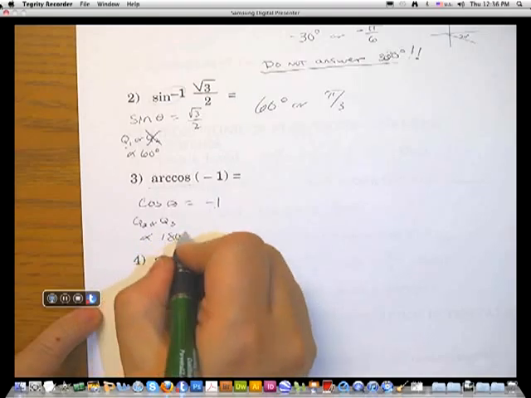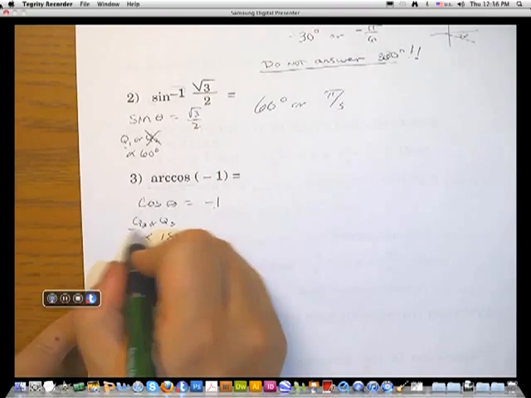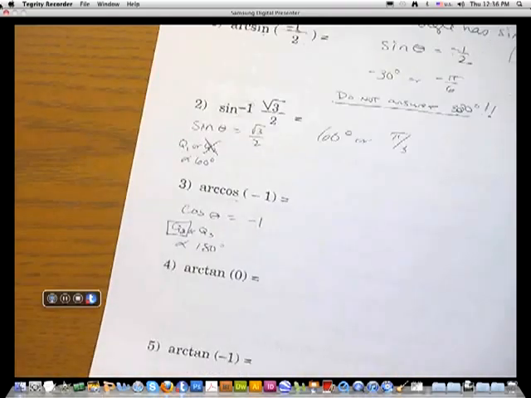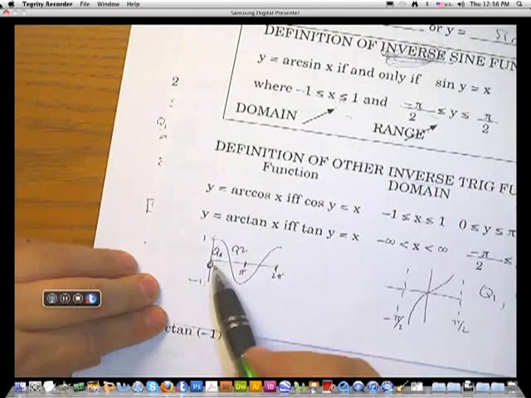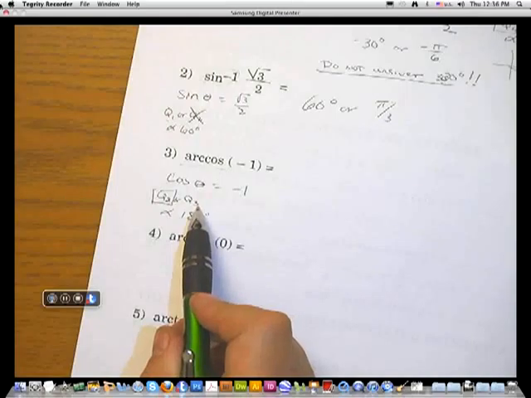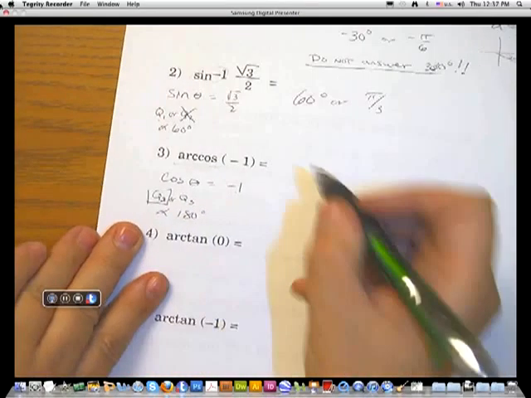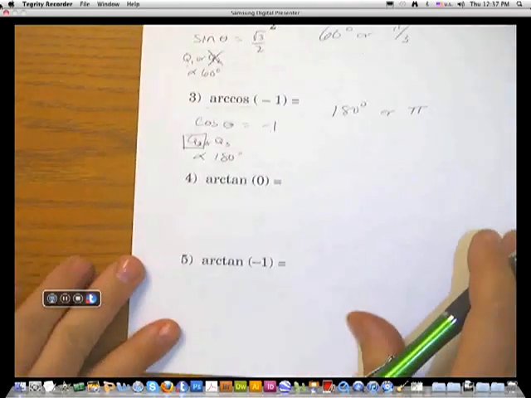Negative 1 references 180 degrees. So quadrant 2, according to my rules, cosine can only be quadrant 1 or quadrant 2. So I have to reject quadrant 3. And it references 180 degrees or pi.